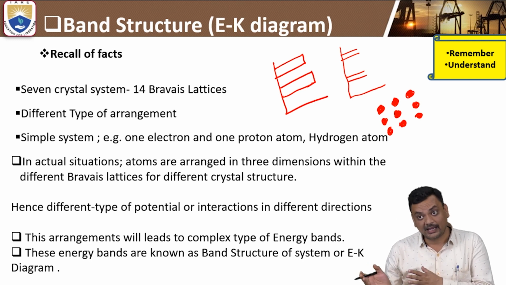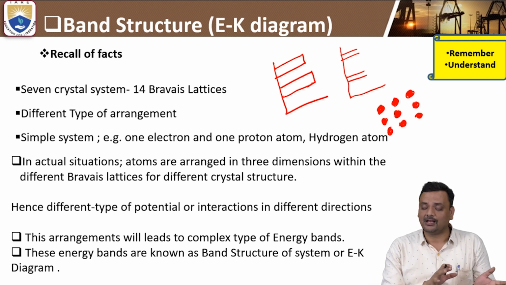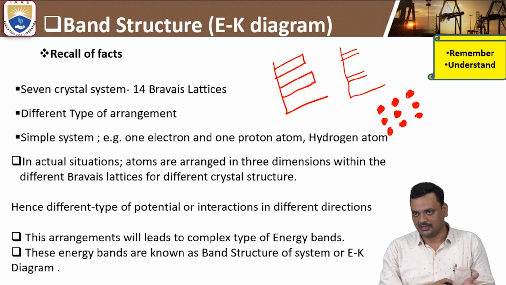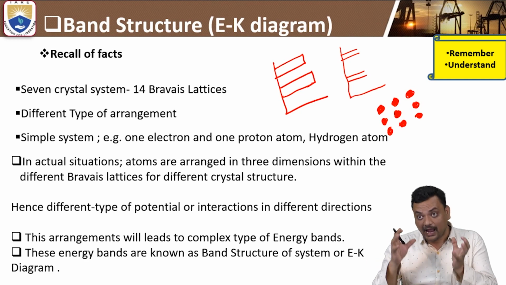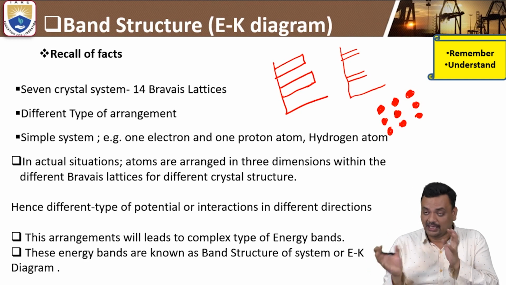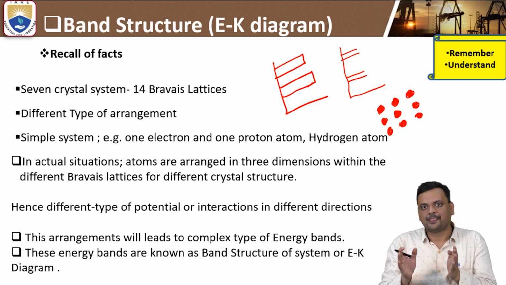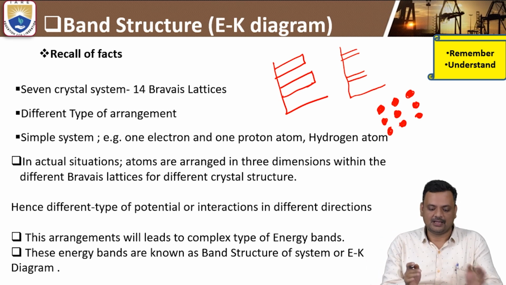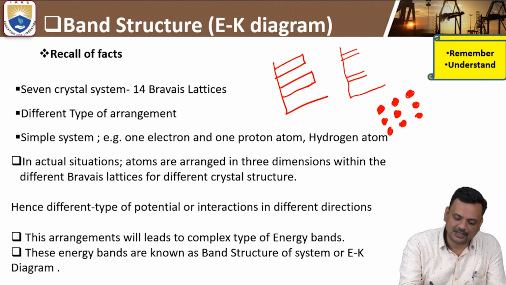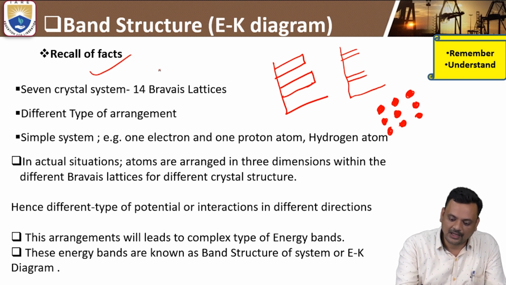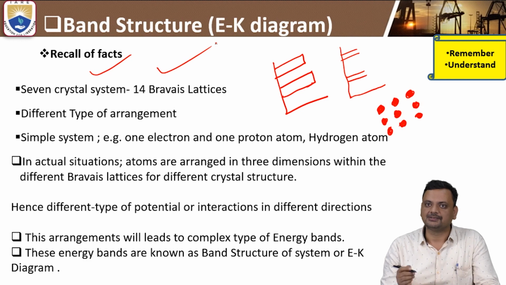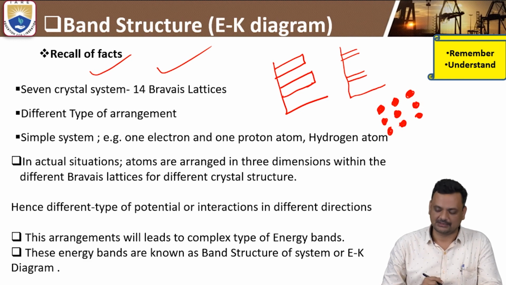Every solid is made of a number of atoms arranged in some fixed way: the 7 crystal systems, further classified into 14 Bravais lattices.